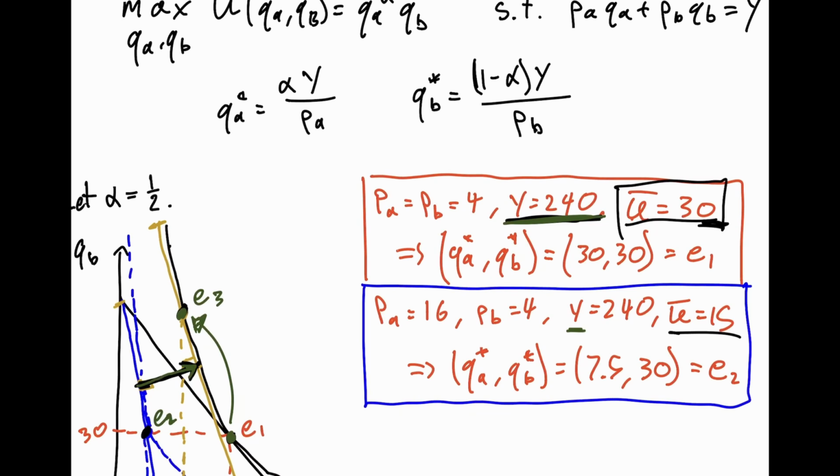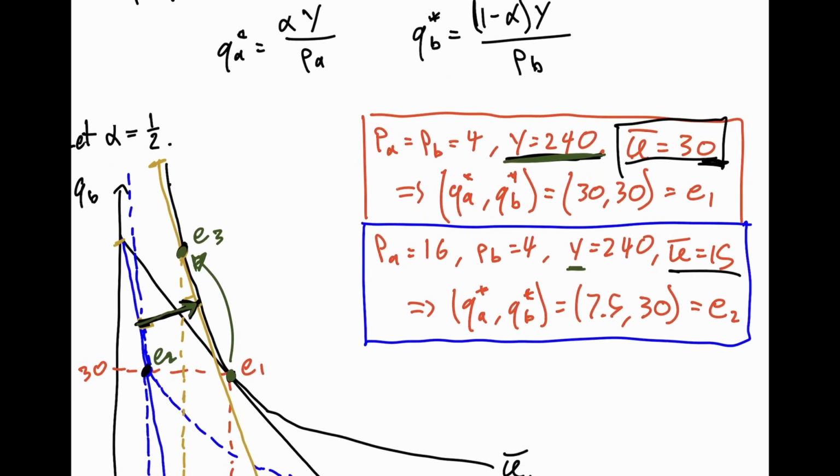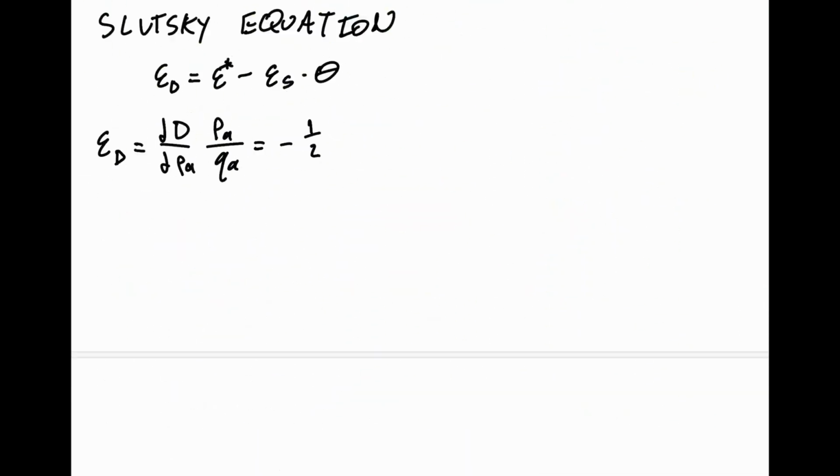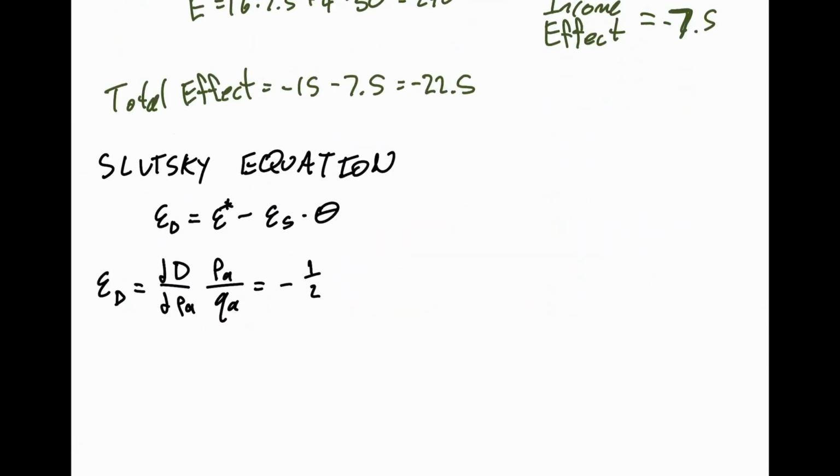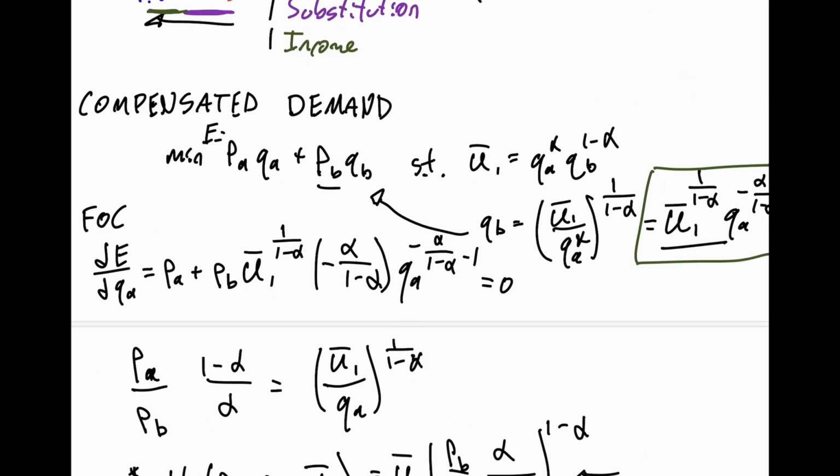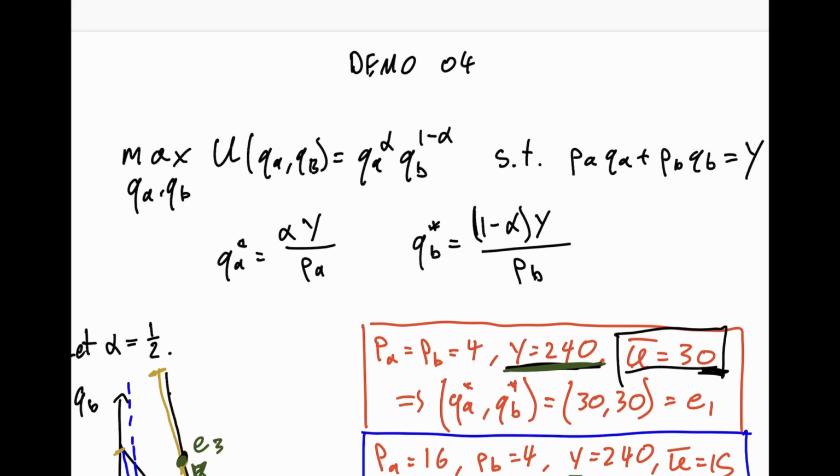So I'm plugging in for alpha. So we have negative 1/2 times 240. So let's actually just make that simpler. 120 times the price of A. Oops. So yeah, we need the price of A on the bottom.